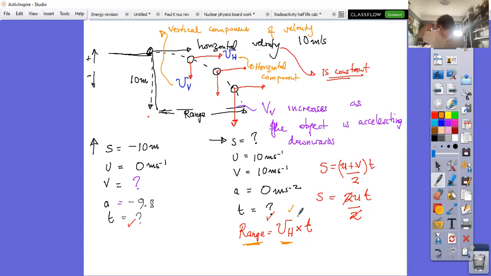The problem with that one is we don't know the final velocity. So just looking at which equation would help us out if we know distance or displacement, if we know initial velocity, and if we have acceleration.